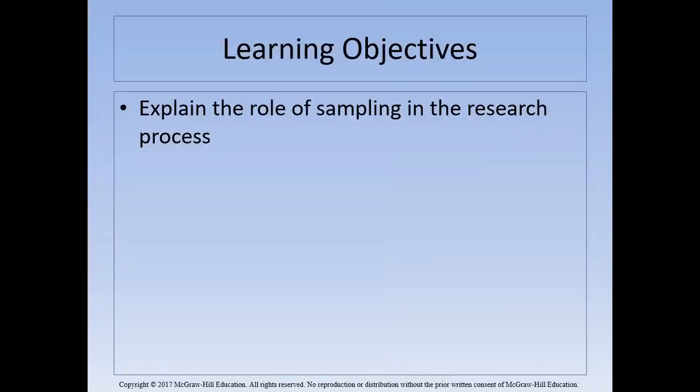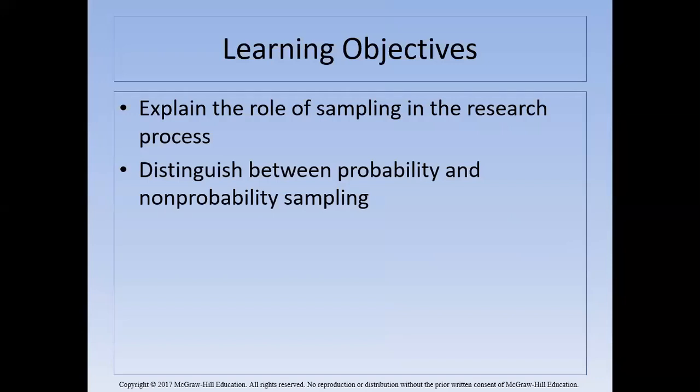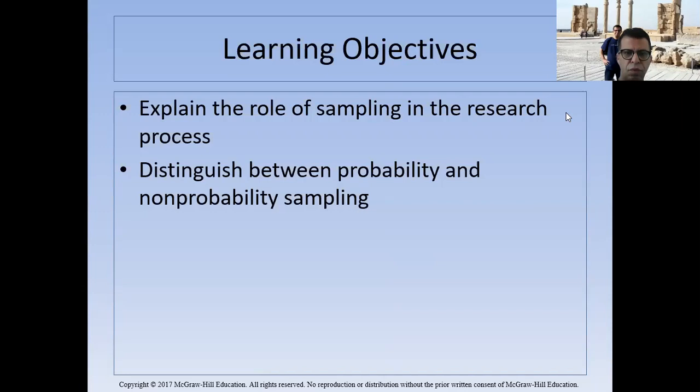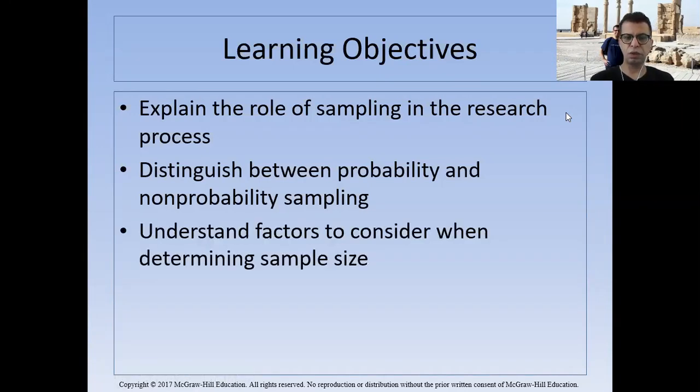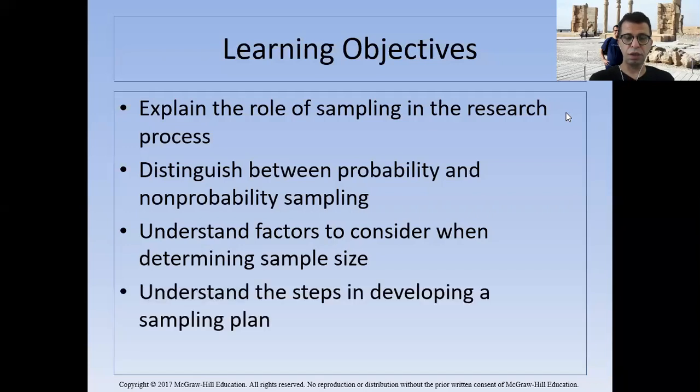The learning objectives will be explaining the role of sampling in the research process, distinguishing between probability and non-probability sampling, and also trying to understand the factors to consider when determining a sample size when you do research, and understanding the steps in developing a sampling plan.